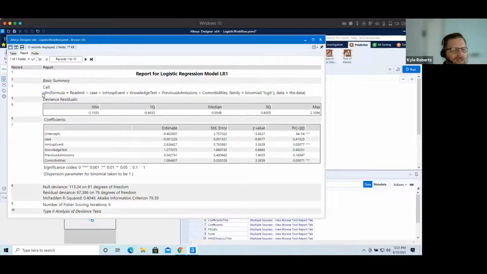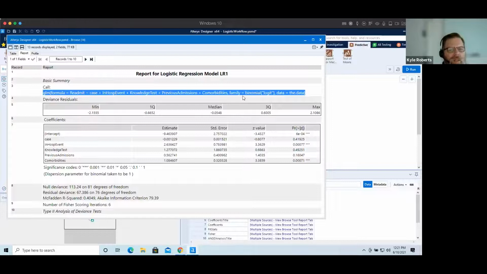If I wanted to run this inside of R and not in Alteryx, I would use that formula right there, and I would just replace data equals the.data with whatever my data set's called. Remember, we said family equals binomial logit. If we change it to probit, that would be probit, or complementary log. I think log is just LL in that, but I can't remember. I think it is anyway.